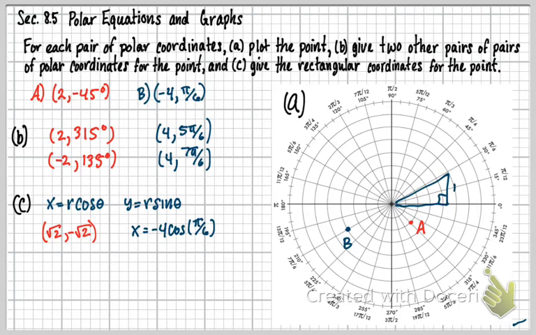That's going to be 1, square root of 3, 2. So that means it's going to be square root of 3 over 2. So x equals -4 times square root of 3 over 2. That cancels. So I get x equals -2 square root of 3.